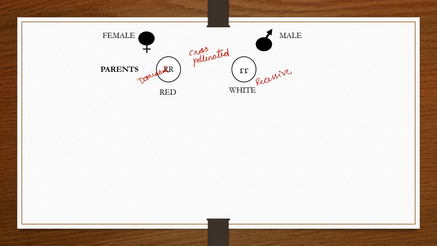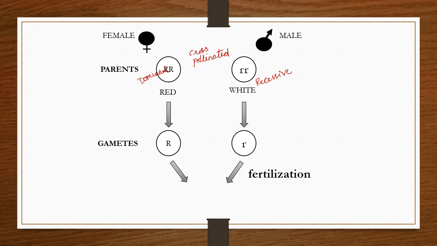When these are crossed, that means the gamete production, a gamete with capital R and another gamete with a small r, they are restored into pair condition during fertilization. That gives the F1 generation.